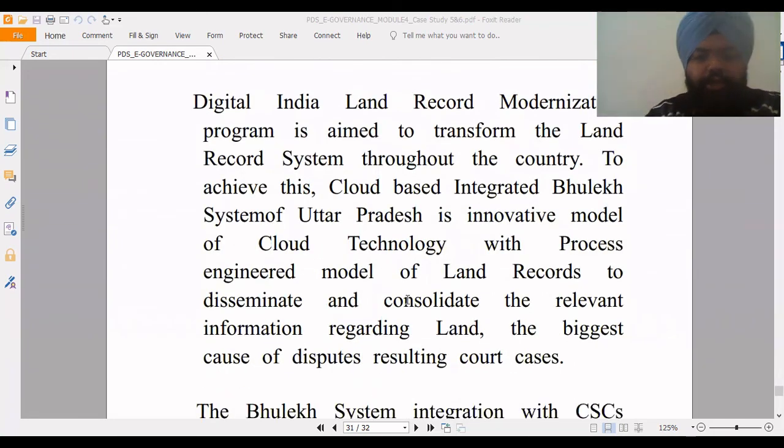So, the Digital India Land Record Modernization Program is aimed to transform the land record system throughout the country. To achieve this, the cloud-based integrated Bhulekh system of Uttar Pradesh is an innovative model of cloud technology with a process engineered model of land records to disseminate and consolidate the relevant information regarding land, the biggest cause of dispute resulting in court cases.